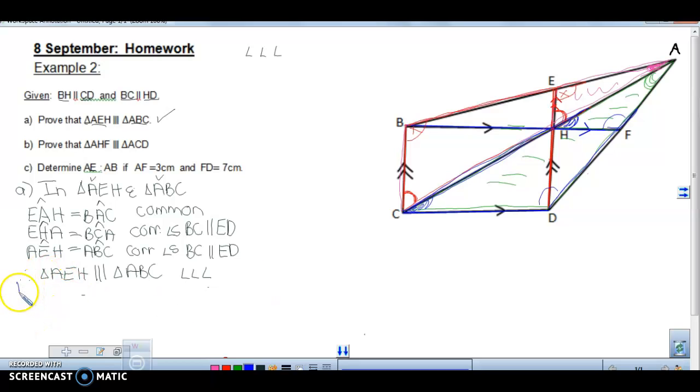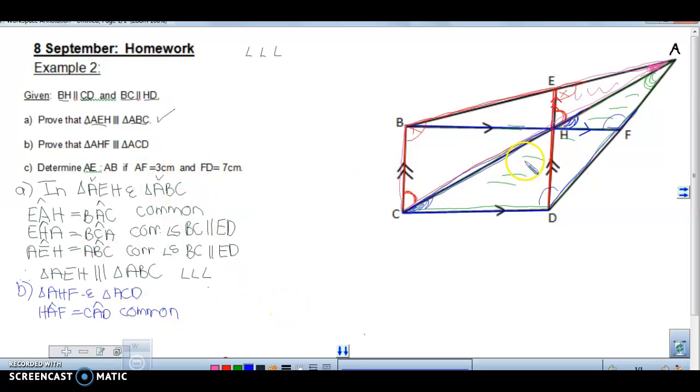So for B, let's write it up. I'm going to say in triangle AHF and triangle ACD, start with the common angle, which is HAF, will be equal to CAD, and it's a common angle. Right, we've got the first one.